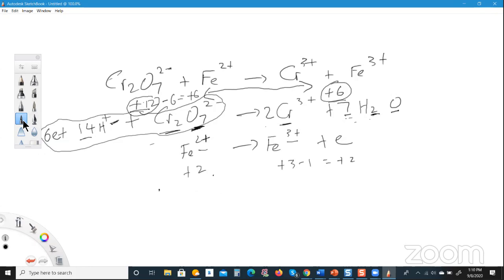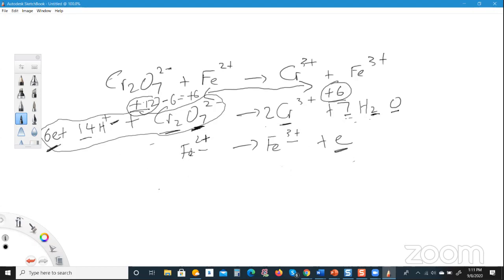Now we're not finished yet. Let me just erase some stuff here, because the next step is that we have to ensure that the total number of electrons lost and gained are the same. If you remember when we talked about the magnesium and the copper reaction, the number of electrons lost and gained is 2. But you'll notice that in this case, we have 6 electrons here, and we have only 1 here.